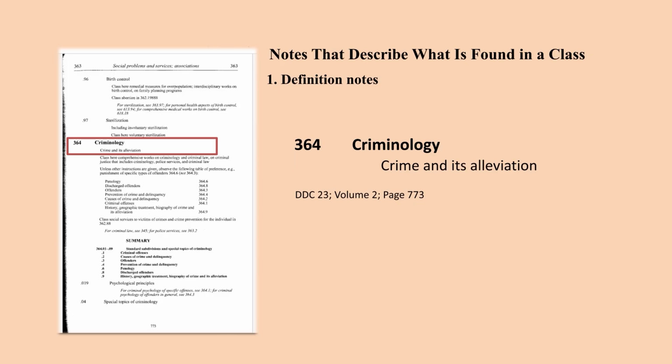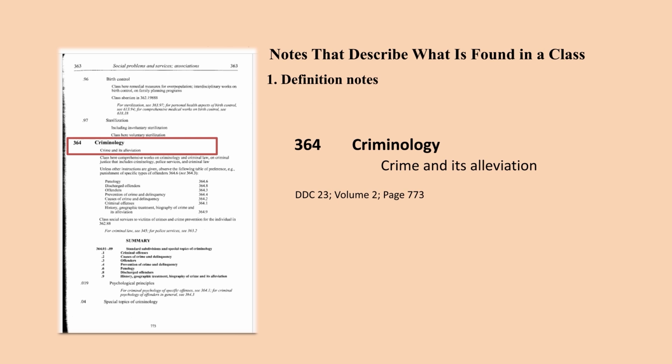For this, if we go to volume 2 of the 23rd edition of DDC, in page number 777, we will get 364 Criminology. If you have the schedule in your hand, then you can find 364 Criminology in page number 773.